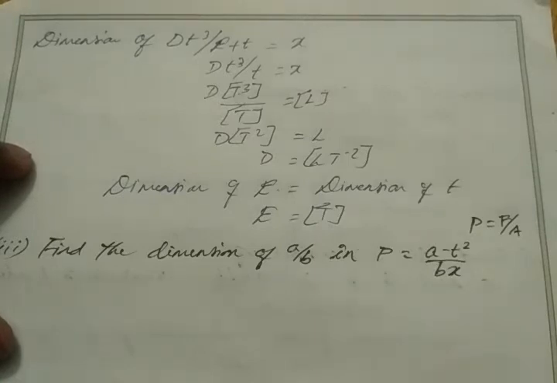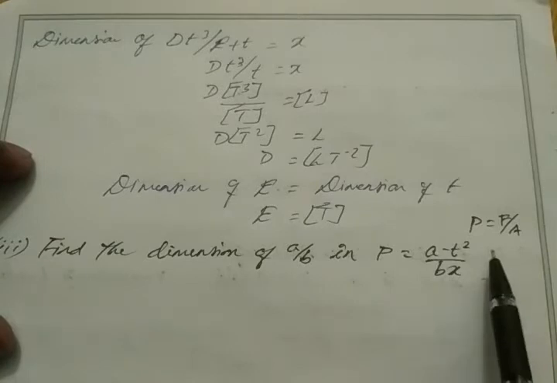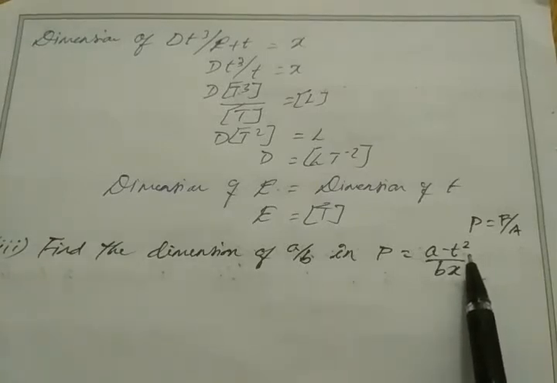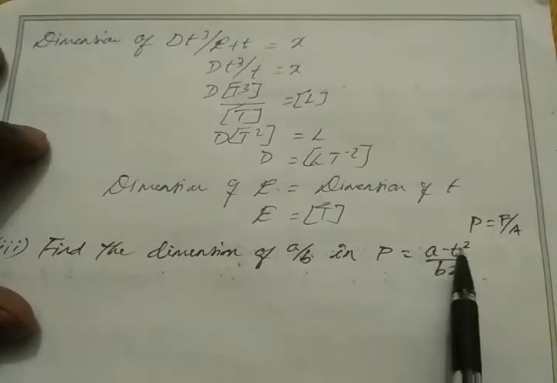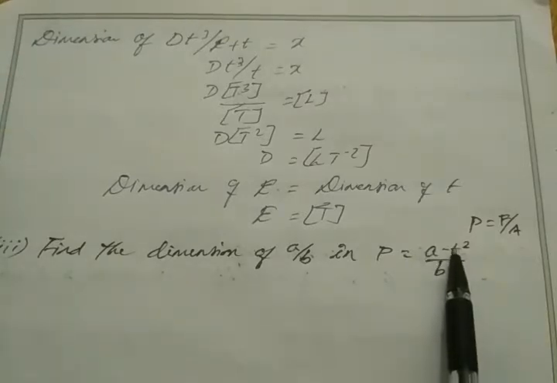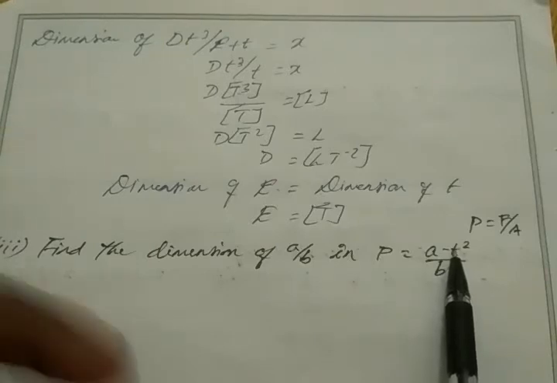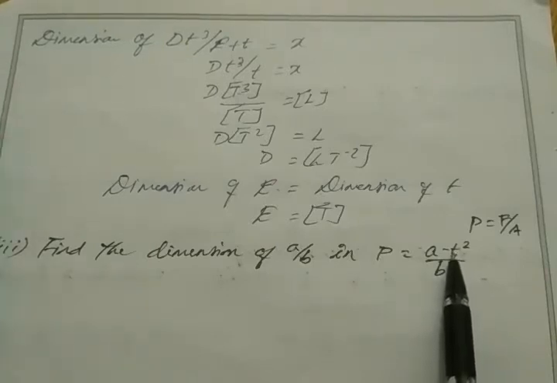Clear? And one more thing, if time is subtracted from time, then the value will not be equal to 0. Okay, because we should get the average dimensional value. So if T square is subtracted from T square, then the answer will be T square, correct? Because it should have some dimension. We cannot put 0 here because T means dimension.